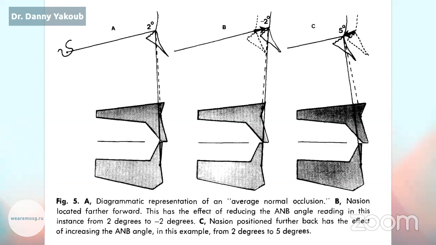So the anteroposterior position of point N will increase or decrease the ANB angle, for example from 2 degrees to 5 degrees.